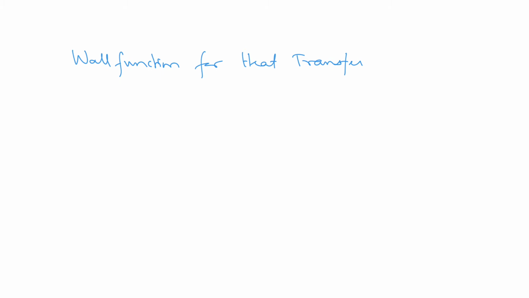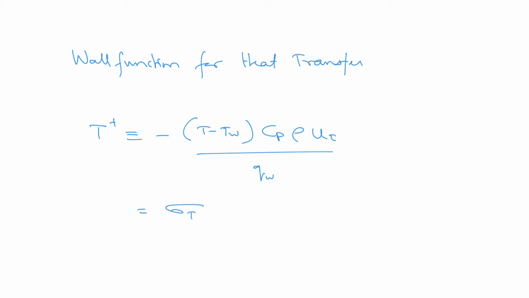It is given by Launder and Spalding in 1974, wherein they gave that T plus is defined by minus T_W Cp rho U tau divided by Q_wall, which is equal to sigma_T,T [U plus plus P (sigma_T,L by sigma_T,T)].